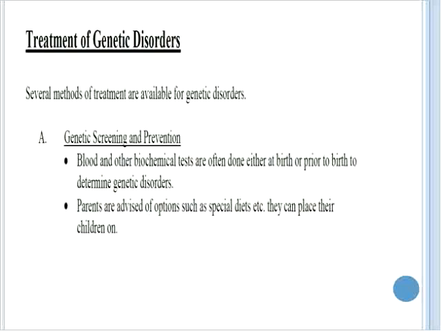Once disorders are detected, there are several methods of treatment available. One of these is genetic screening and prevention, where blood and other biochemical tests are done either at birth or prior to determine the disorder. Once the disorder is detected, parents would be advised of available options, such as diets in the case of PKU.